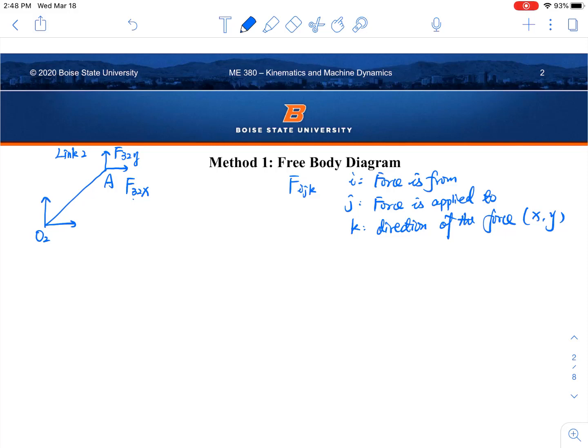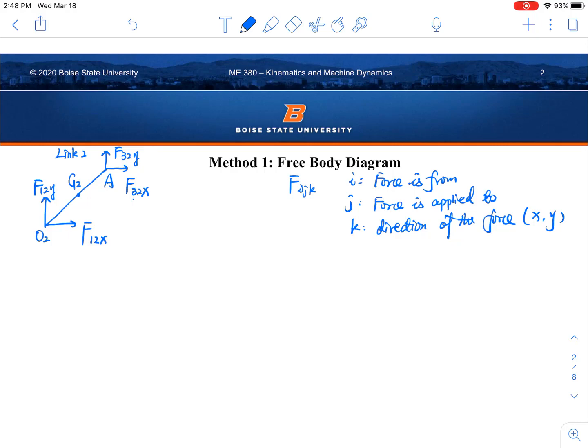Think about it. What are the subscripts for these 2 vectors? The force is from the grounding link, number 1, applied to link number 2. So that's F12x and F12y. We know that the center of gravity, G2, is right in the center of this link because our link is uniform. Anything else?